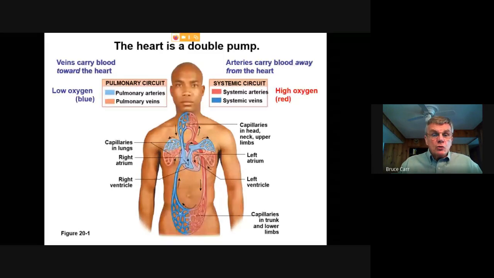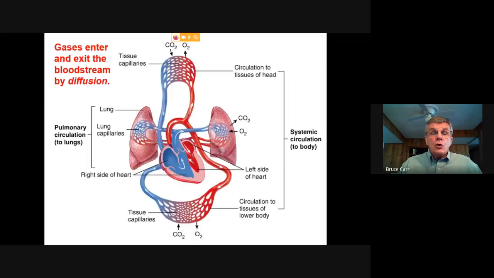After the capillaries, which are the exchange units, that's where materials can leave the blood and where materials can re-enter the blood and be carried back to the heart. Veins are those tubes that carry blood back toward the heart. Materials enter and exit the bloodstream by a very simple forced diffusion. You remember diffusion.